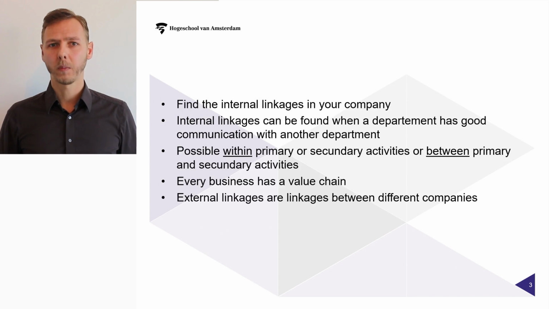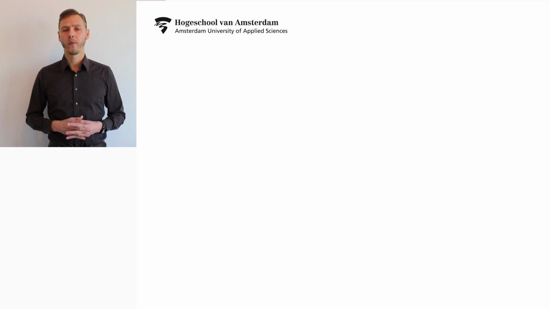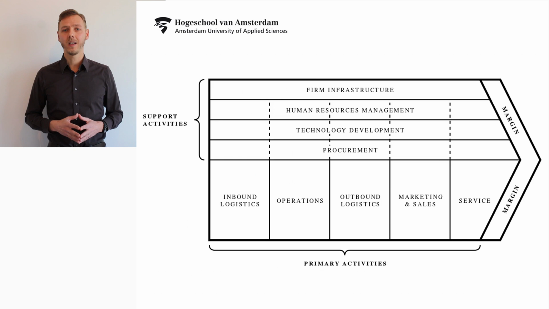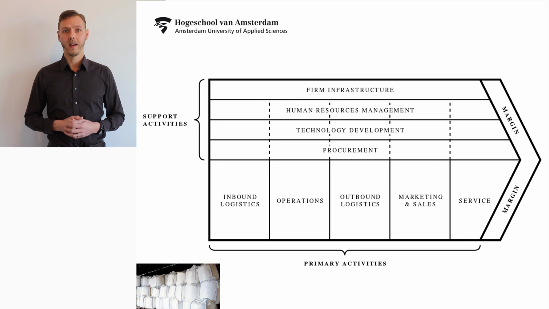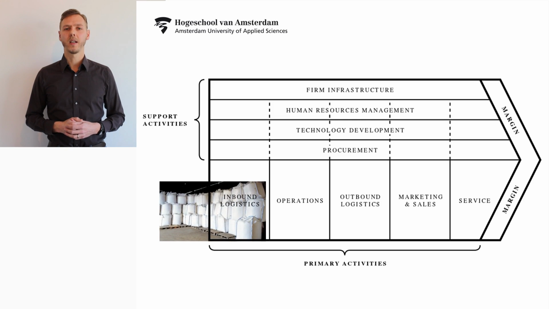Let me try to explain with an example. For instance, if you are producing mobile phones or smartphones, you can imagine that there are really clear primary activities. You have the inbound activities. All the raw materials come into this internal or inbound logistics.